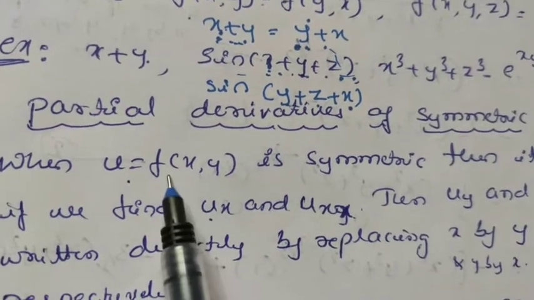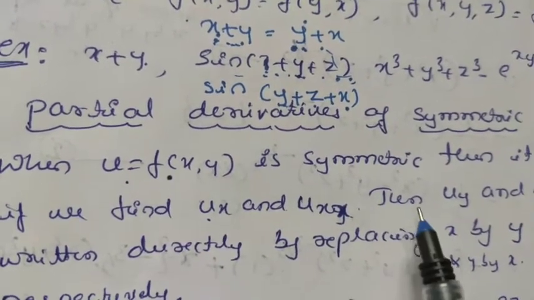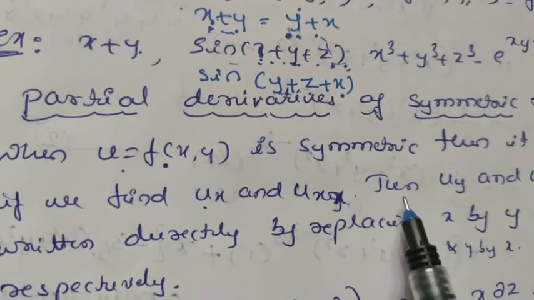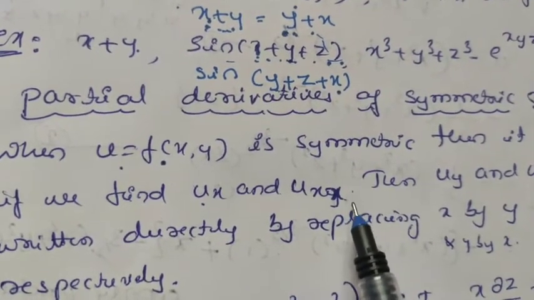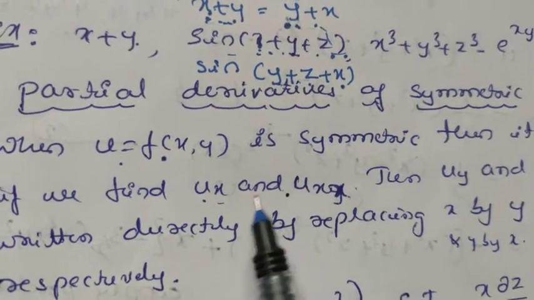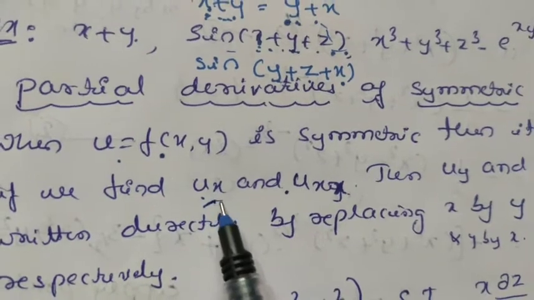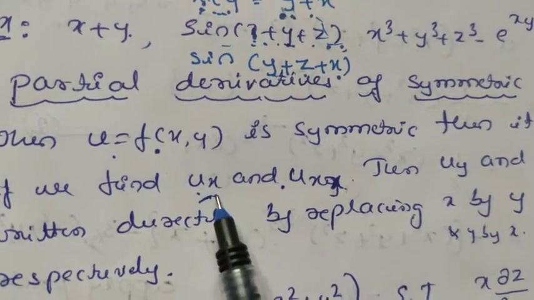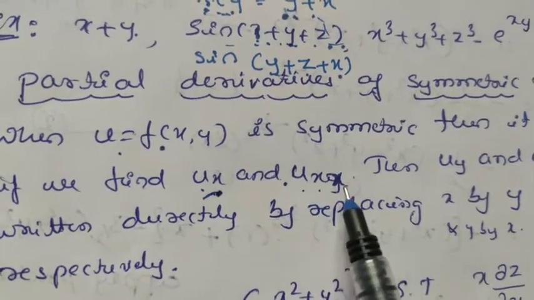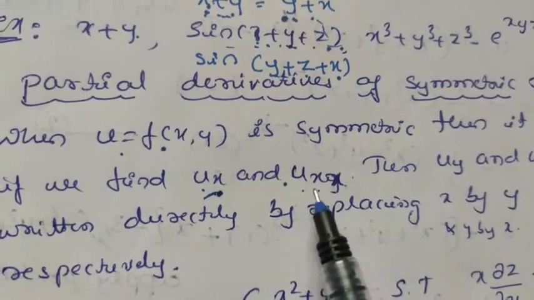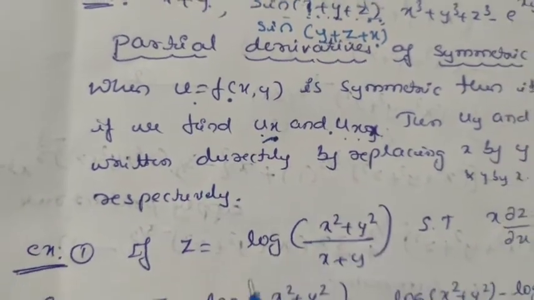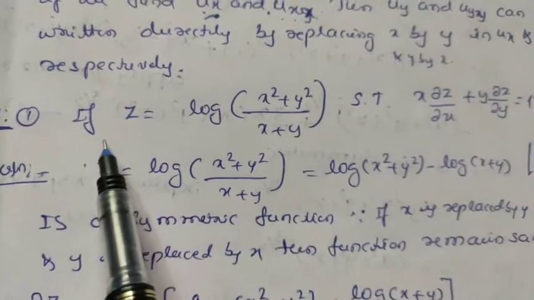If this function is symmetric, there is no need to find uy, that is, del u by del y, and del squared u by del y squared. Because of the symmetry of the function, we just replace x and y in ux and you will get uy. Similarly, in uxx also, if you replace x by y, you will get del squared u by del y squared.